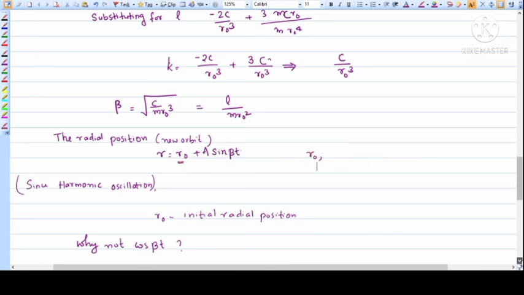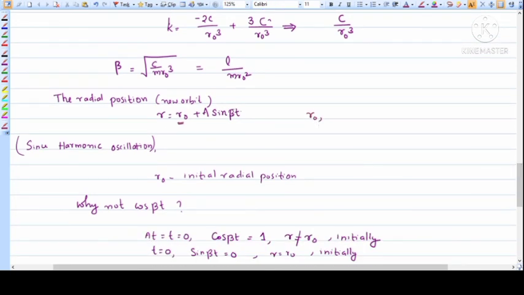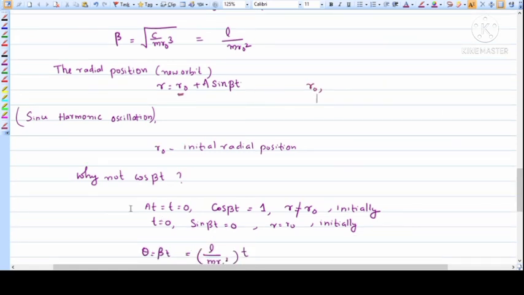And why we didn't add the term cos beta t, it is because at t equal to 0, what will be the value of cos beta t? It will be 1, and r will not be equal to r0. Here we would have a term 1 plus r0, and that is not true.